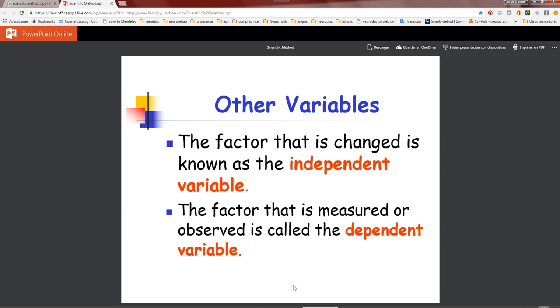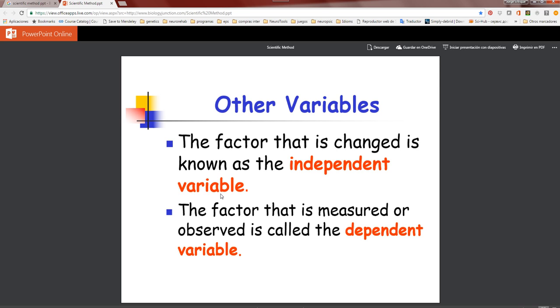There are other variables. We have the dependent variable. The dependent variable is the factor that is going to be measured or observed while you are changing the independent variable. We have an example of the effect of temperature on the gender of baby alligators. I can change the temperature, that is the independent variable, the one that I'm changing.